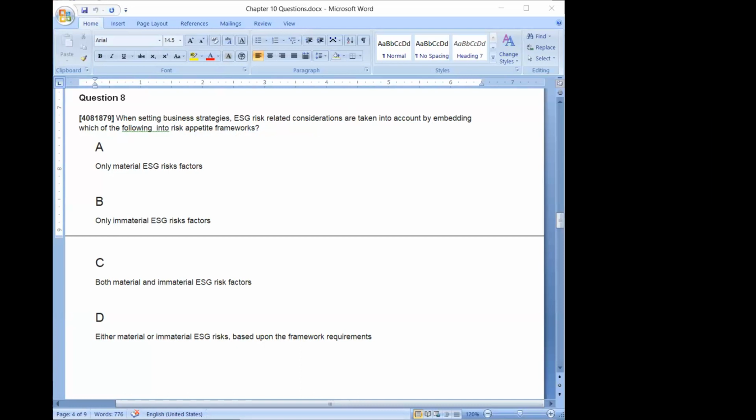Only material ESG risk factors, only immaterial ESG risk factors, both material and immaterial, either material or immaterial. It's very obvious because when you take risk factors, you have to take only material ones. Otherwise, no point, right? So the correct answer is A. Only material ones. Otherwise, you can't entertain everything. Right, next question.